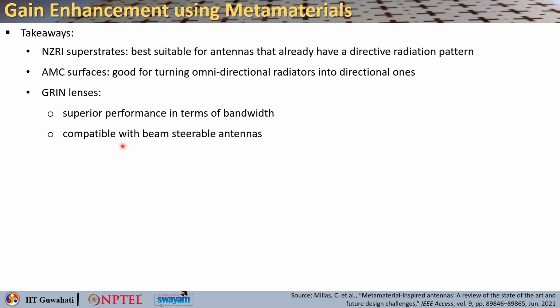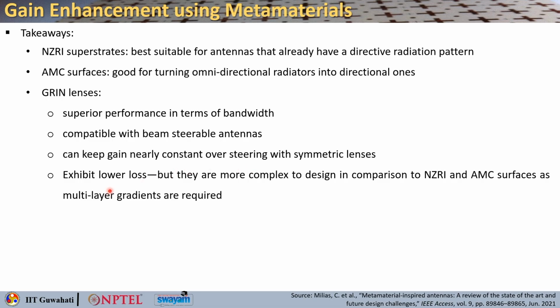They are compatible with beam steering or beam steerable antennas, and they can keep the gain nearly constant over steering using symmetric lenses. Moreover, they exhibit lower loss, but they are more complex to design in comparison to the above two, that is NZRI and AMC surfaces, as multi-layer gradients will be required.